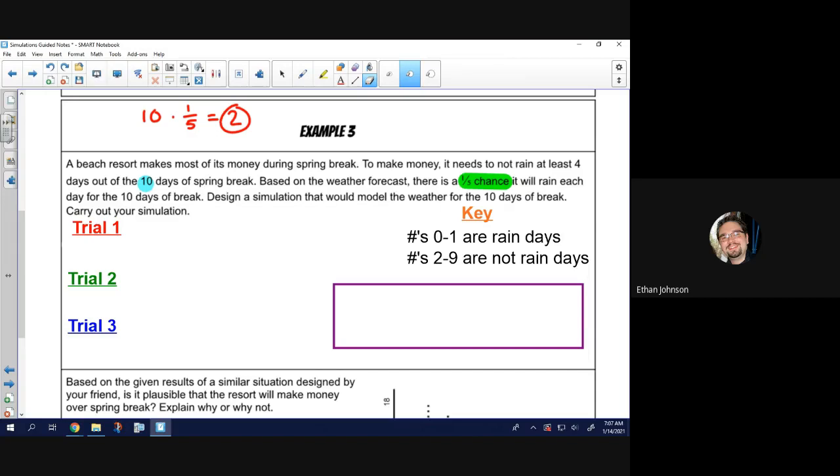So by doing so, the first 10 numbers that my calculator spat out are this. So I need the number of rain days to be 4 or less.